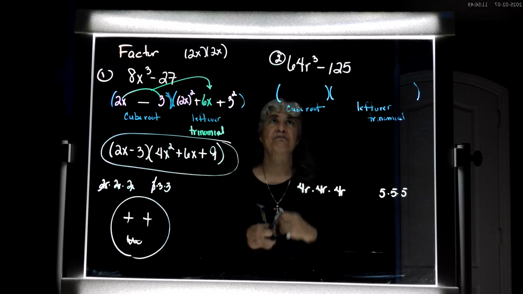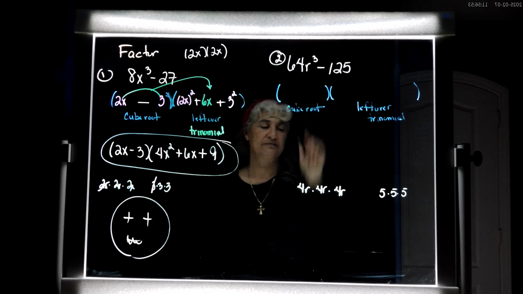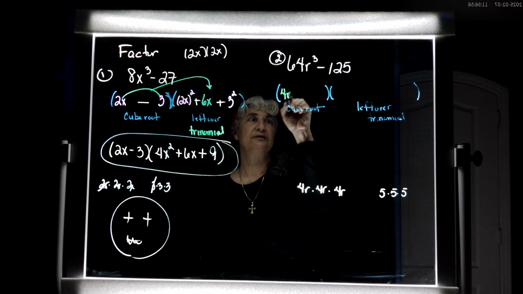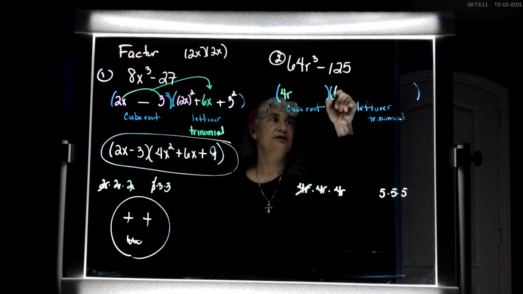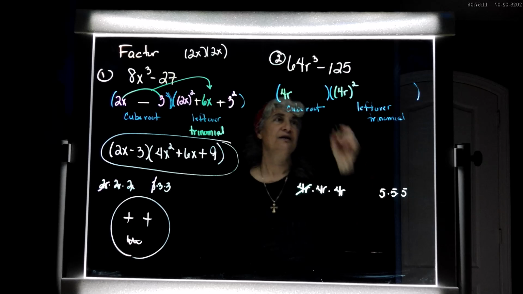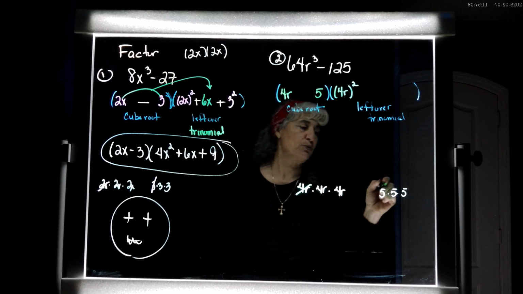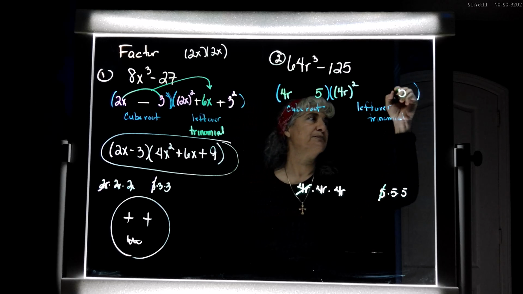So, cubed root of 64r to the third, 4r. I used one of them. How many are left over? 2. Cubed root of 125, 5. I used one of them. How many are left over? 2.